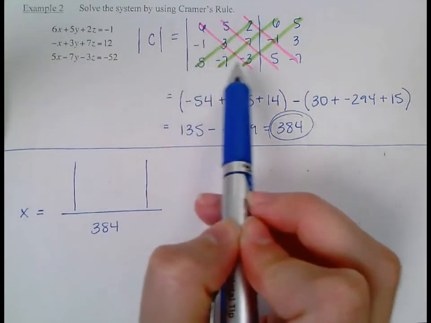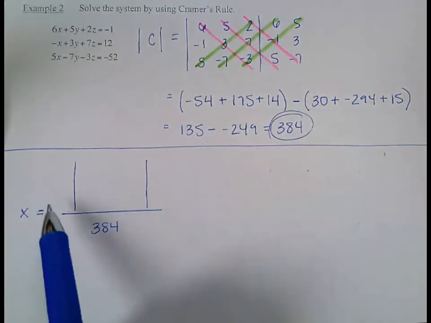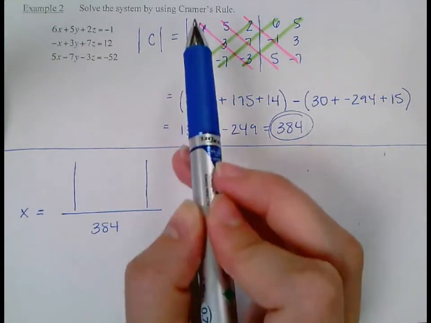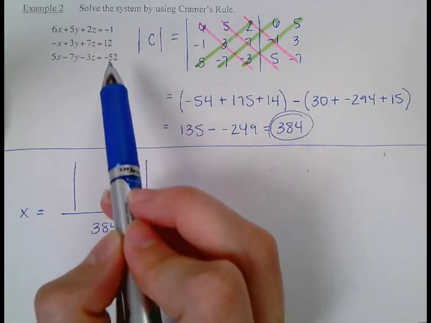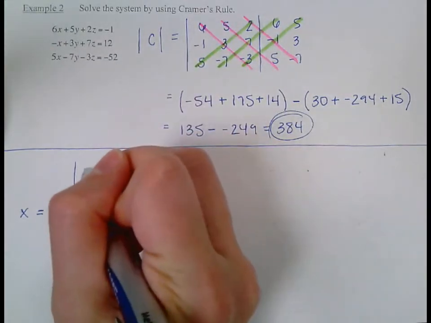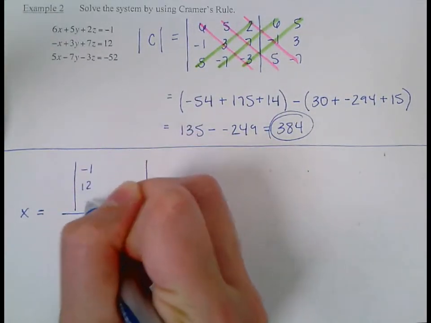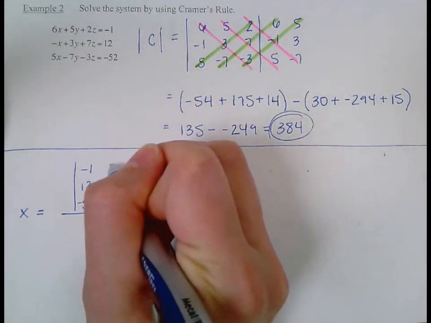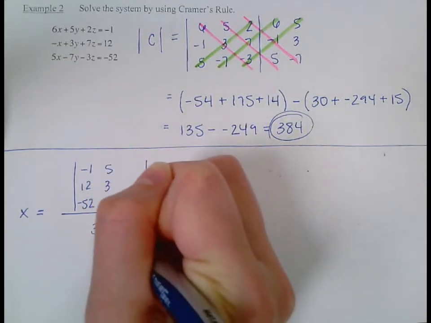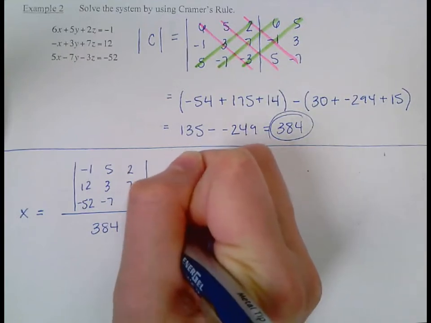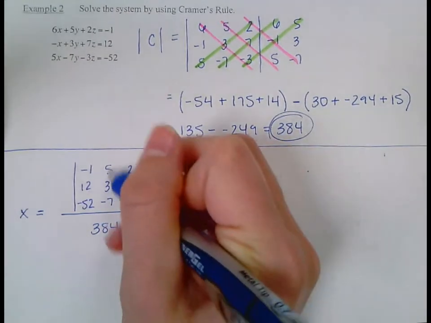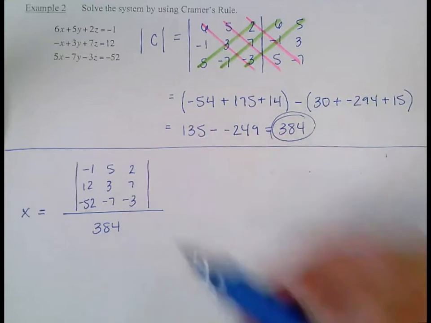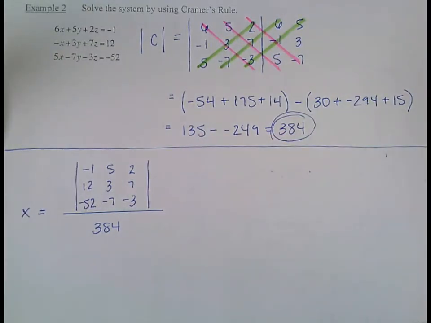And I start with my coefficient matrix c, and since I'm finding x, I replace the x column with my constants. So my first column is going to be negative 1, 12, and negative 52. My second column is still my y coefficients. My third column is still the z coefficients.